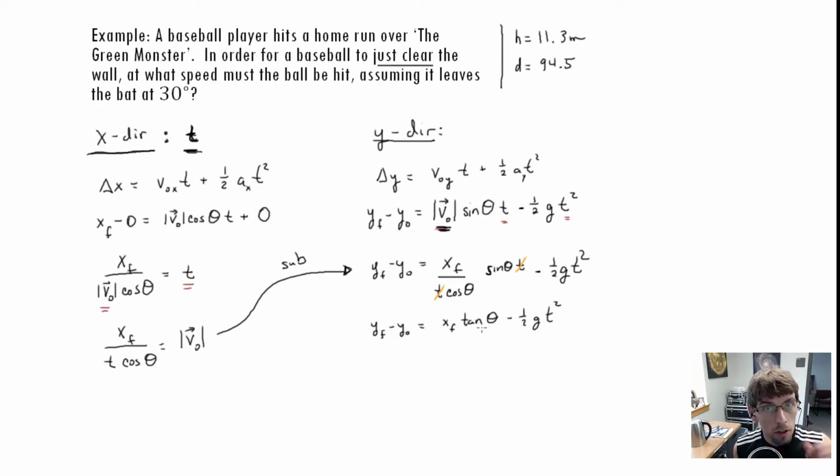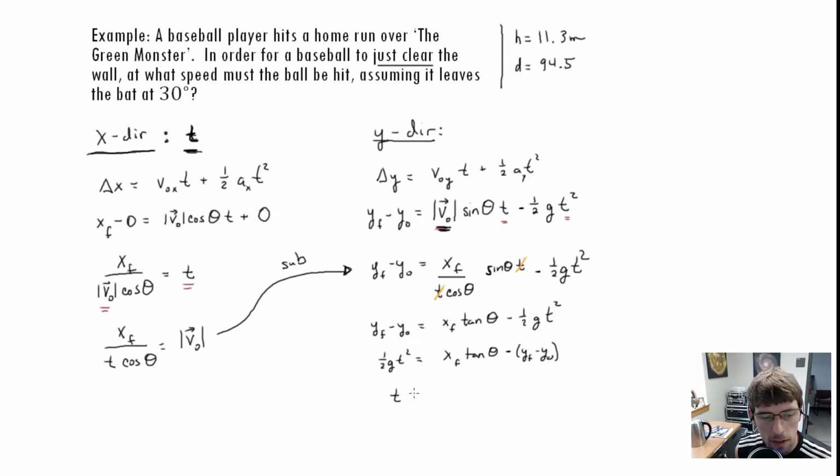I'll let you go ahead and solve, but what we're looking for is an expression for t. Good. So what I'll do, I'll write this as 1/2 g t squared equals x final tangent of theta minus y final minus y naught. And then I just have to get rid of this.